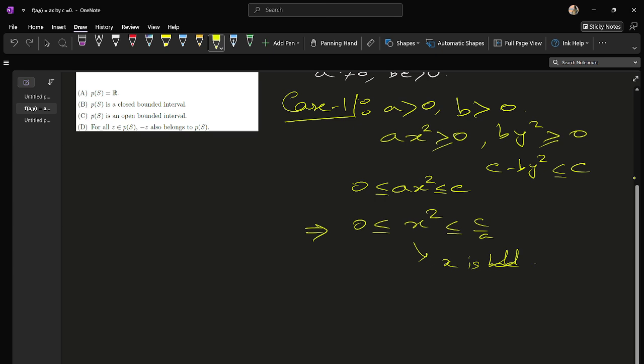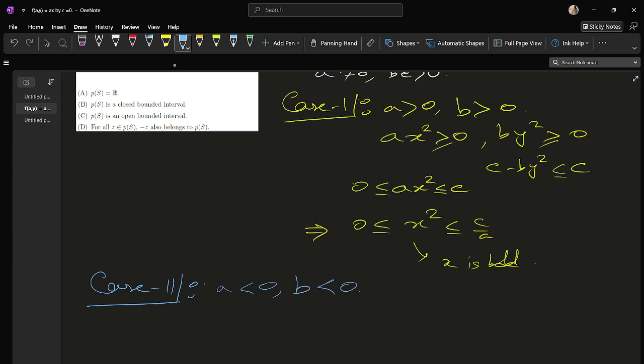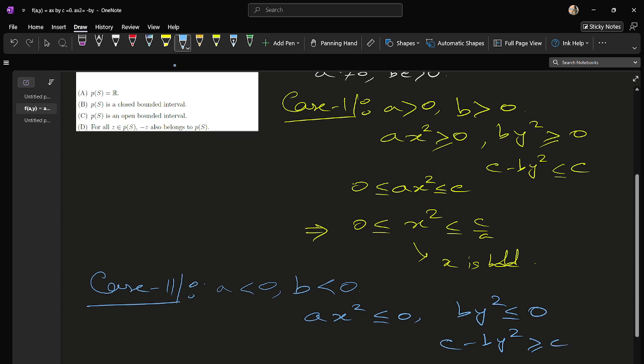Now our second case, that means a and b are both less than 0. As they both have the same sign, in this case also ax² is less than or equal to 0, and by² is less than or equal to 0, and c minus by² is greater than or equal to c.